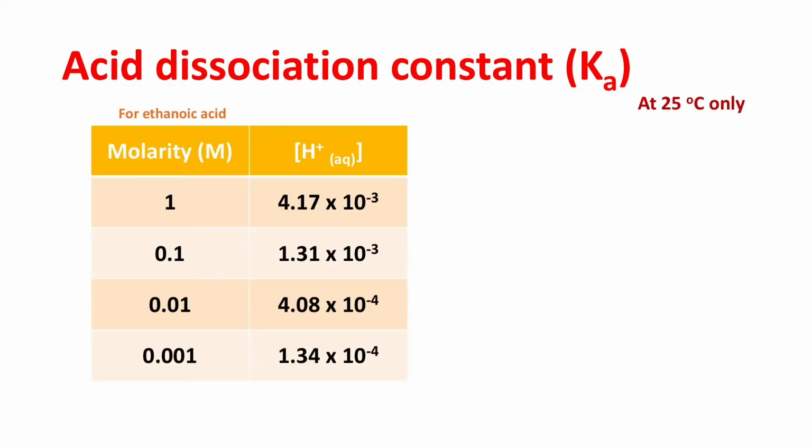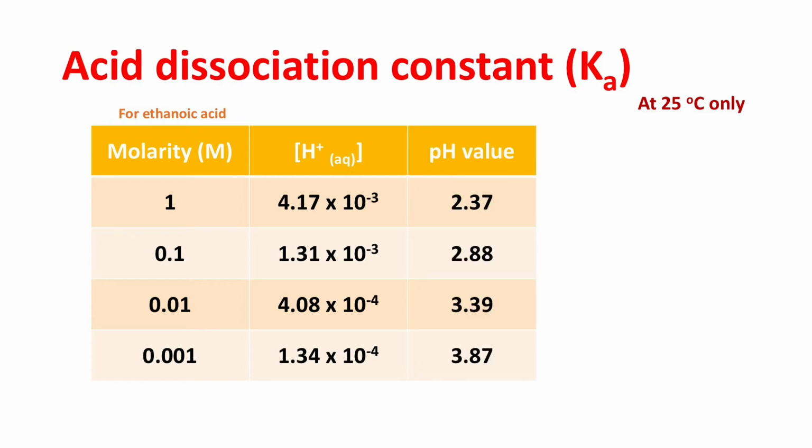With further calculations, we can find the hydrogen ion's molarity in different concentrations of ethanoic acid. Again, this is valid only at 25 degrees Celsius. And their pH value? It makes sense because with less concentrated acid, the pH value should increase.